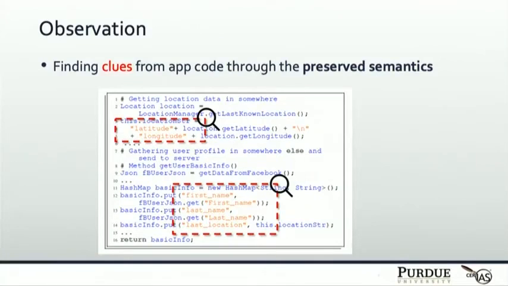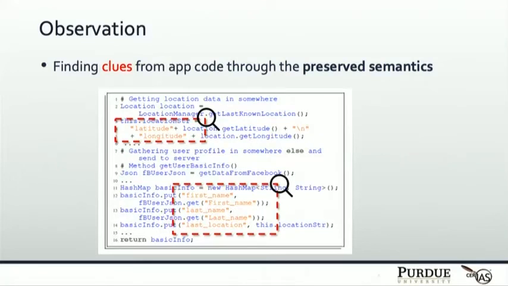So to overcome such limitations, a key observation in our approach is that most apps today contain a large amount of semantic information in their code for supporting software development and maintenance. For example, program elements like method names and variables are all given meaningful names in plain text to explain their related content, such as the value of a certain key.